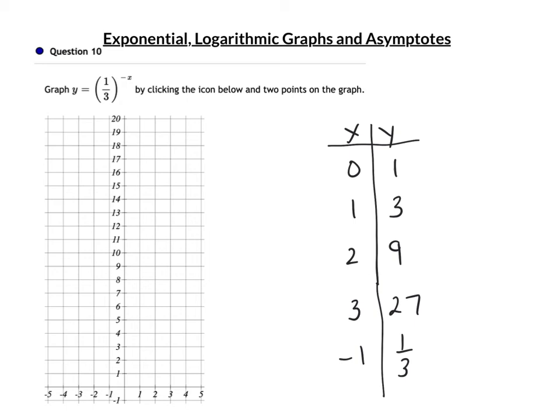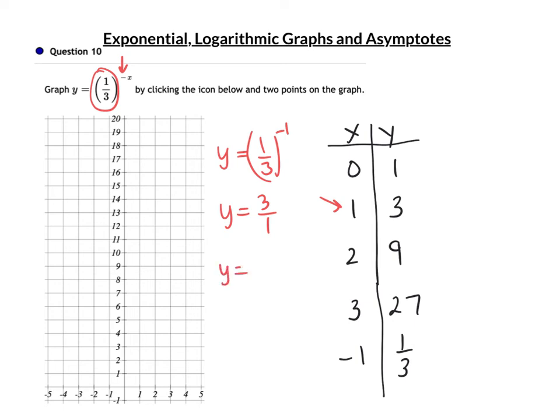Question 10 is an interesting one because of the negative again. What that negative does is flip that fraction. When I plug in x is 1, it becomes y equal 1/3 to the negative first, which becomes y equal 3 over 1. In other words, this fraction gets flipped every time because of the negative power.